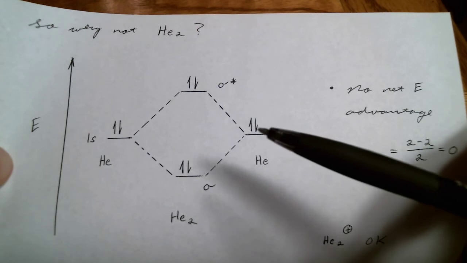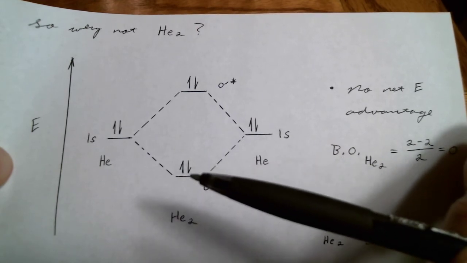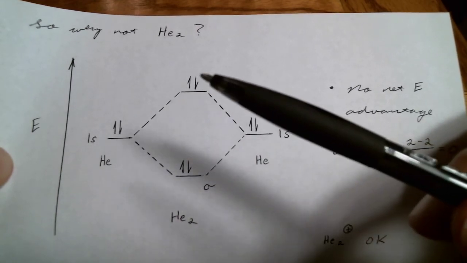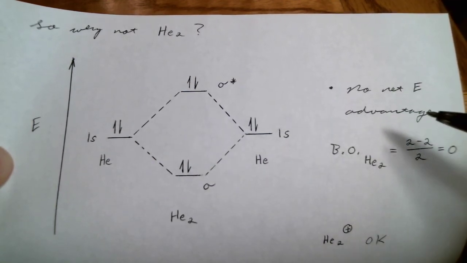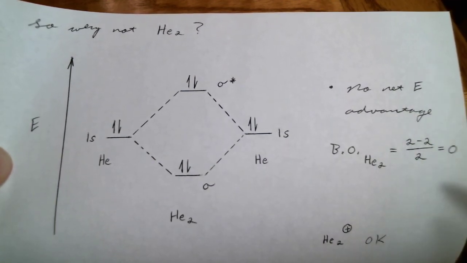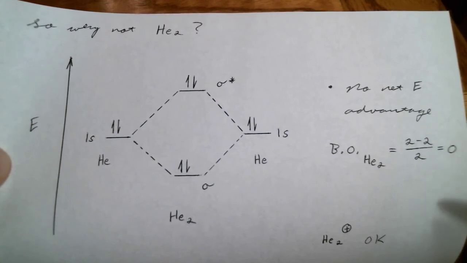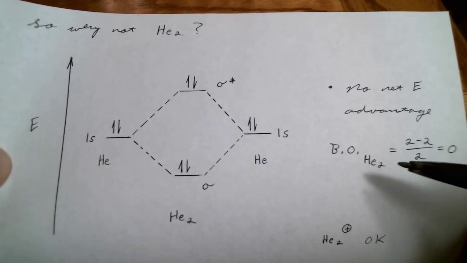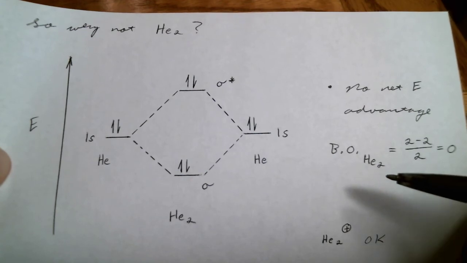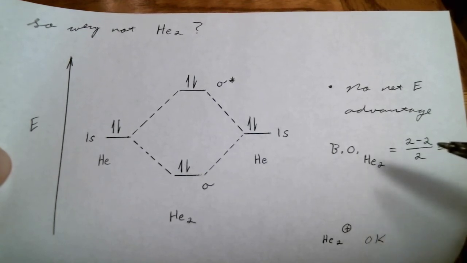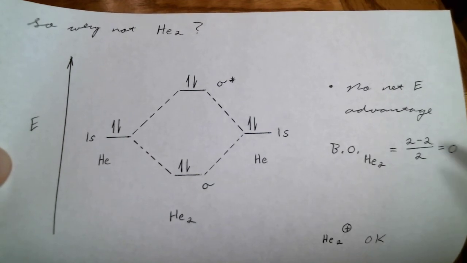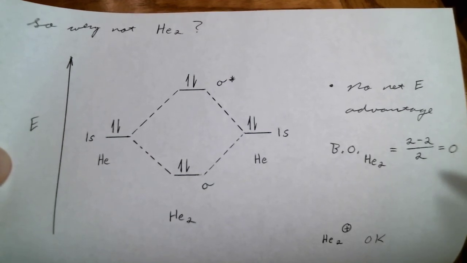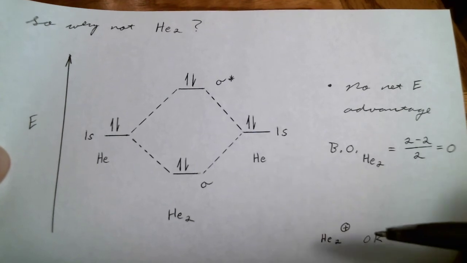For the 2 electrons that drop in energy, we've got 2 electrons that go up in energy by the same amount. So if there's no net energy advantage, why would helium want to get together as a diatomic molecule? The bond order for diatomic helium would be 2 minus 2, which is 0, divided by 2, which is still 0. So we would not expect any bonds between the 2 helium atoms.